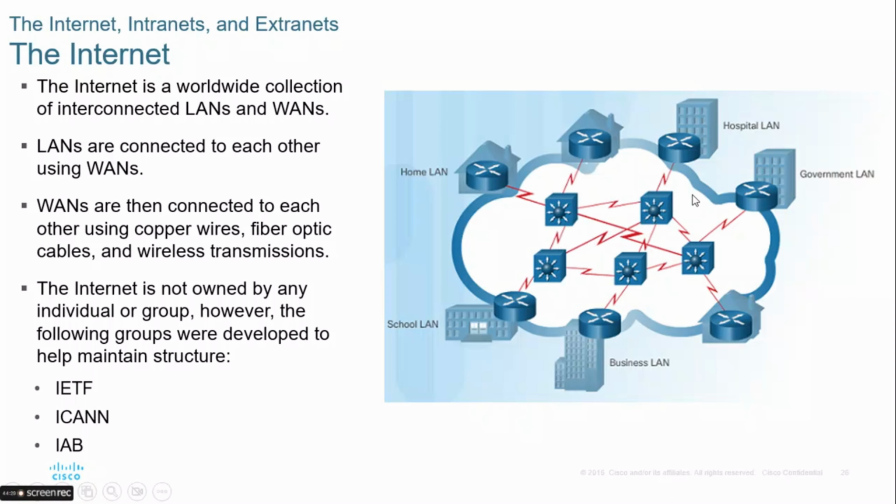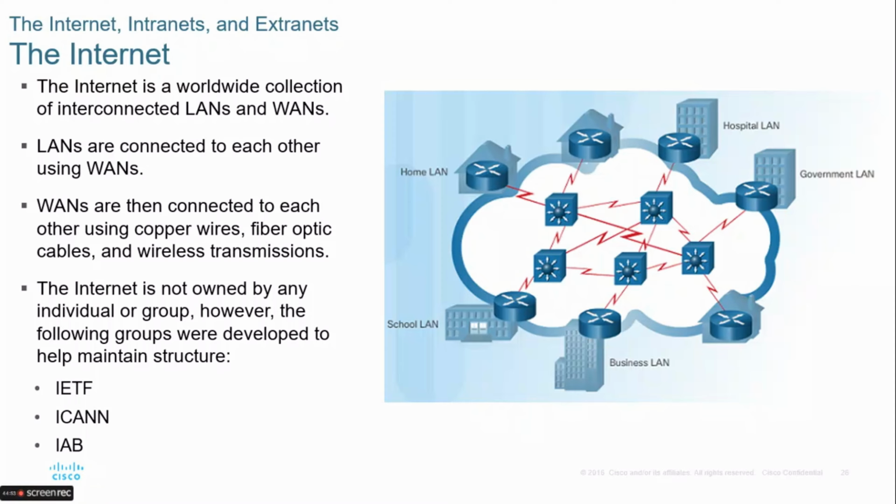The service providers are many here. So you can see here school LAN, business LAN, home LAN, hospital LAN, and a LAN. Remember, a LAN can be connected to another LAN. So the internet is not owned by an individual. That is what should sink in for you.